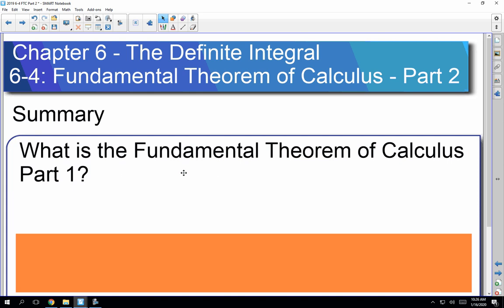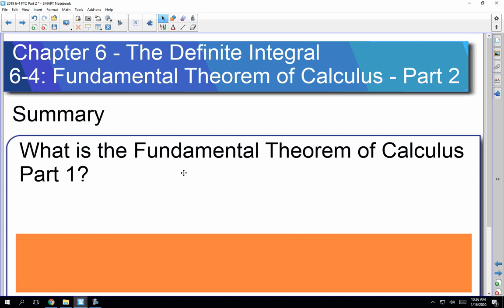So what is the first part of the fundamental theorem of calculus? Inside a closed interval, if the integral is equal to the antiderivative, and what do you do with the antiderivative?